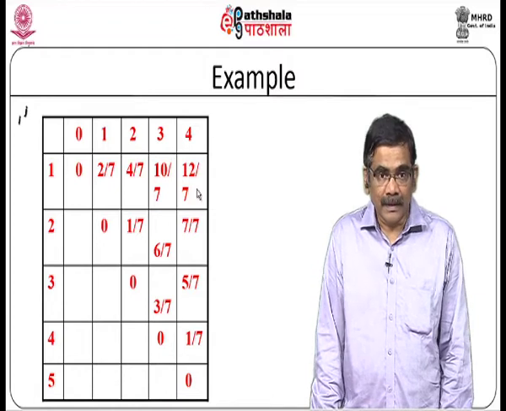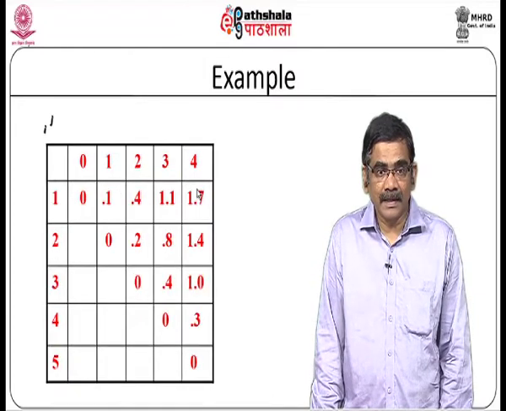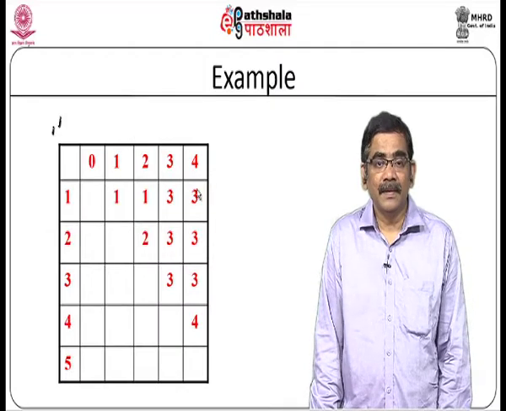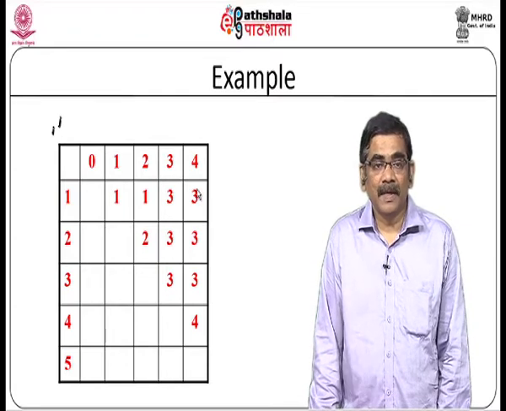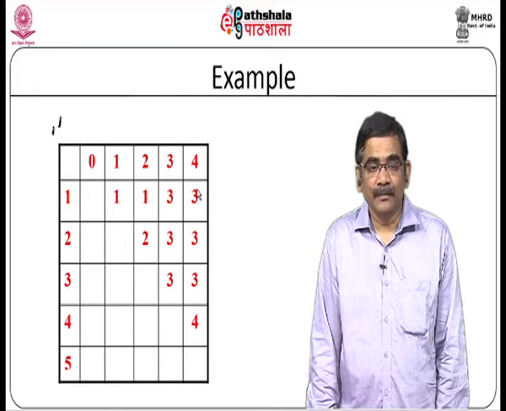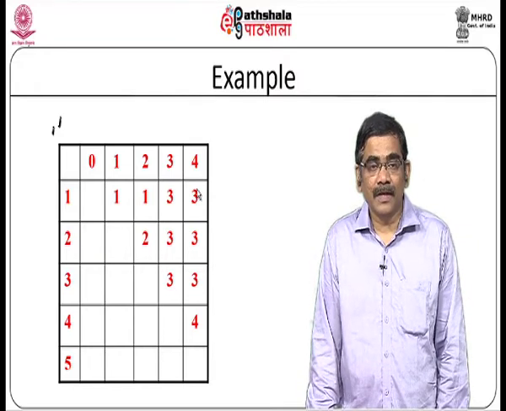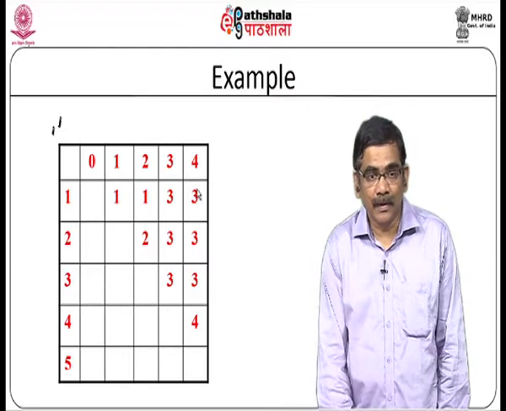So, that is what you can see entered into this table. This is a table where all these minimum k are recorded. Now using this we can easily find out how the tree is going to look.